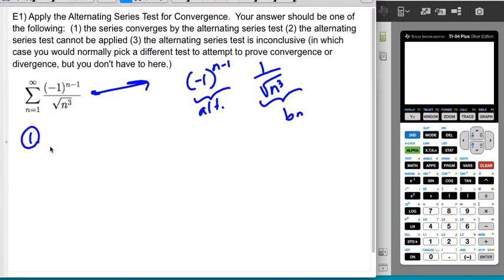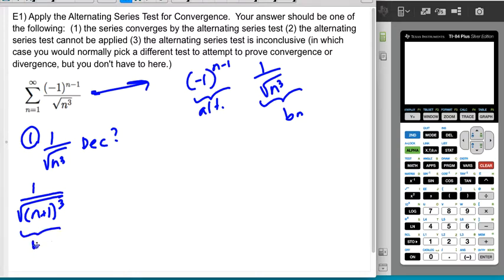So number 1, is this thing decreasing? Again, you can make the same logical argument, because if you plug in an n plus 1 quantity cubed, that's a bigger number. Bigger denominator equals a smaller fraction. So this thing is definitely smaller than this thing, because n plus 1 is a bigger number than just n.